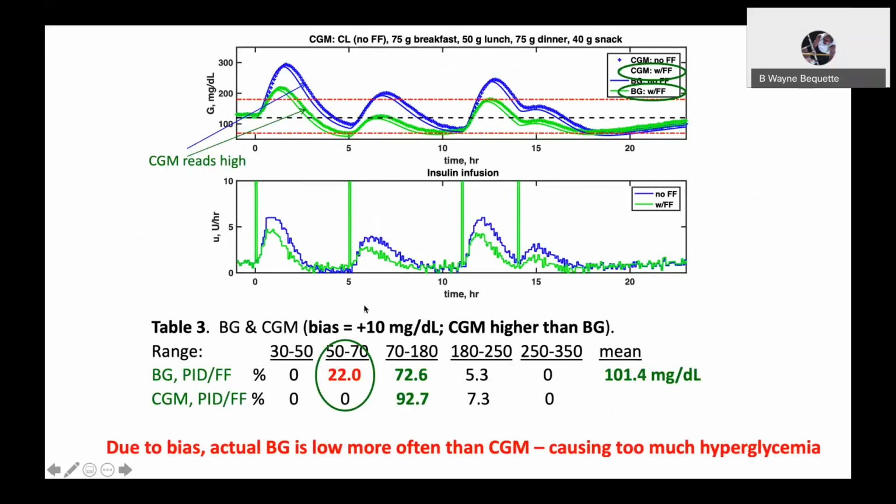Again, the CGM is higher than the actual blood glucose. So what happens then is, because the CGM, the sensor signal, is biased in a positive fashion, the actual blood glucose, being 10 milligrams per deciliter lower than the CGM, puts us in an undesirable range with 22% of the time spent in hypoglycemia, that is the 50 to 70 milligrams per deciliter range.